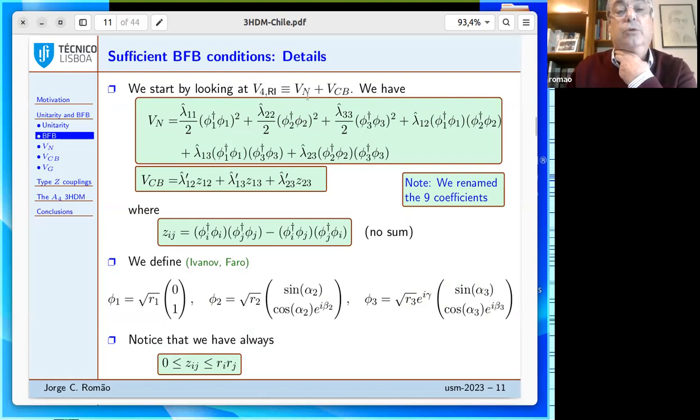I split this in two parts: the neutral and the charge breaking. I'll come in a moment to why these are called neutral and charge breaking, and I write them in this way.